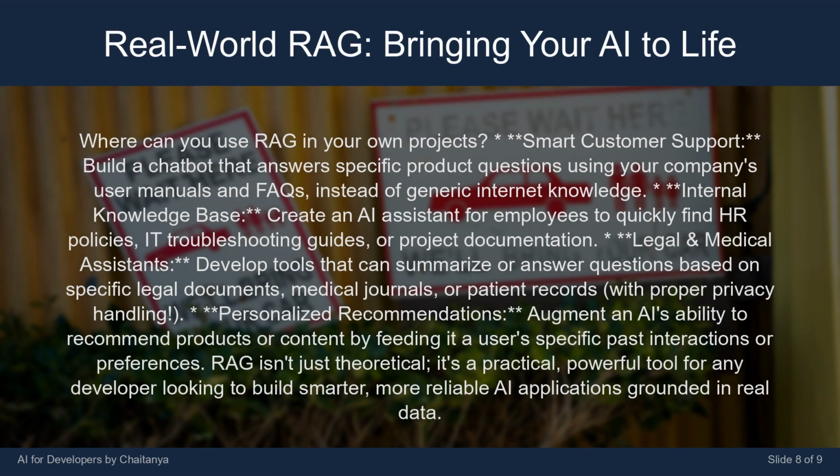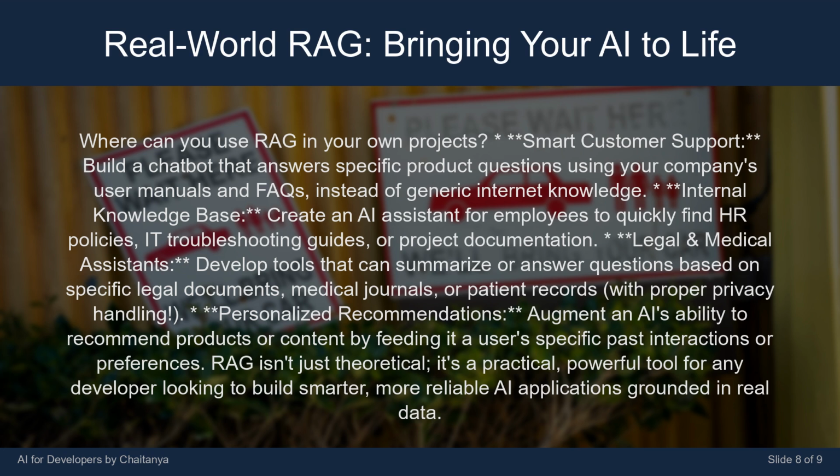Smart customer support: build a chatbot that answers specific product questions using your company's user manuals and FAQs, instead of generic internet knowledge. Internal knowledge base: create an AI assistant for employees to quickly find HR policies, IT troubleshooting guides, or project documentation.